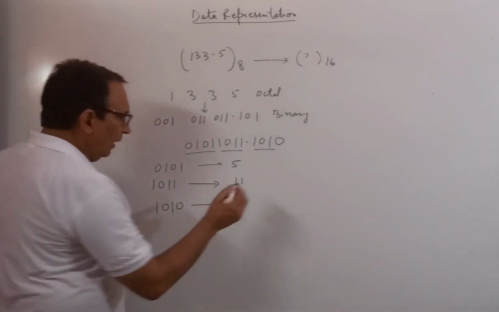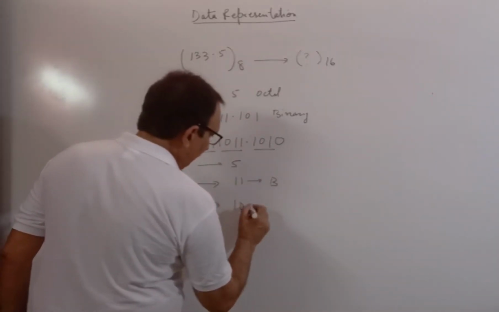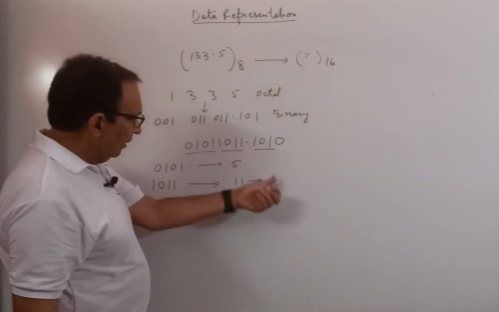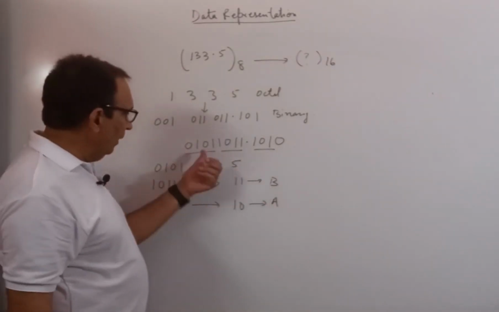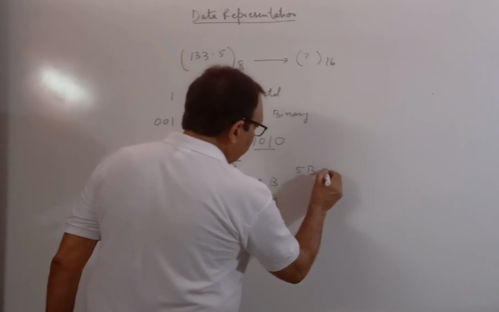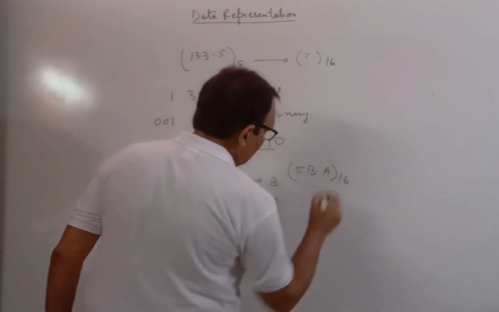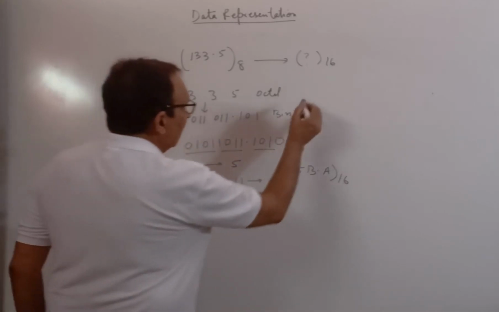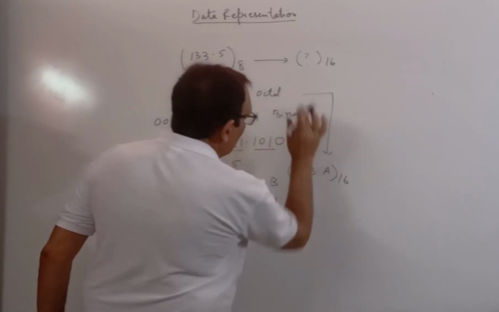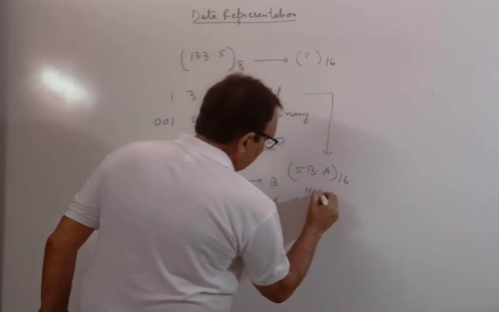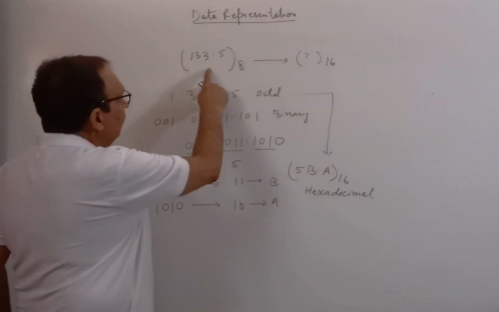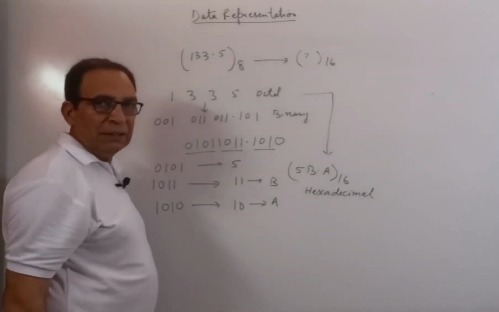In hexadecimal, 11 is represented by B and 10 is represented by A. So, writing the corresponding hexadecimal number under the respective group, you are getting 5B.A base 16. So this way, this is the conversion of octal to hexadecimal. So this octal, when converted into hexadecimal, this is what you get.